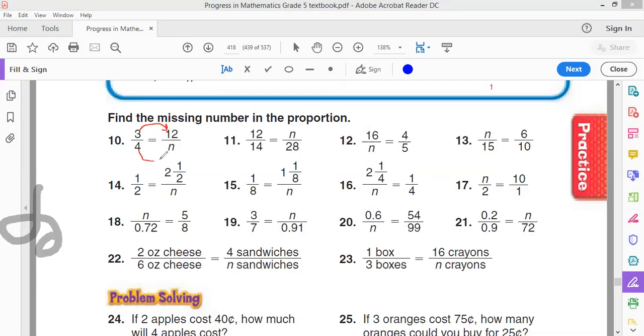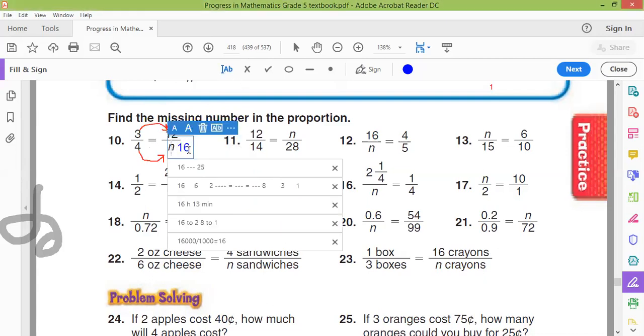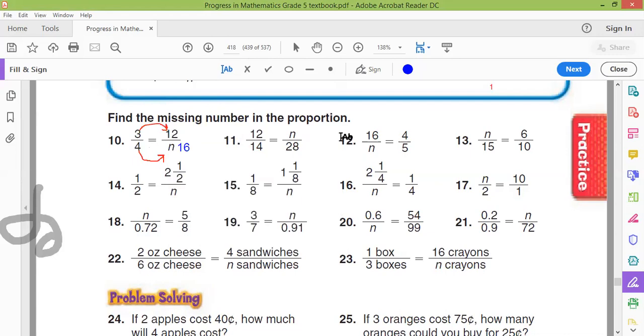So 4 times 4 is 16. So you can use this method also. Okay, right here 16. Let me remove this one and I'll write 16 like this. Here 16.